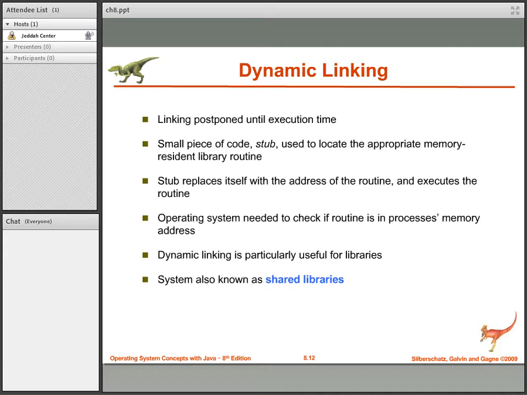The dynamic linking is useful for libraries, and this process is sometimes referred to as shared libraries process.